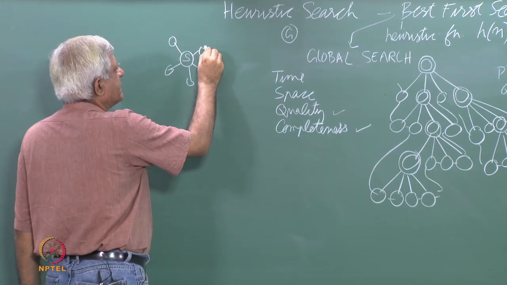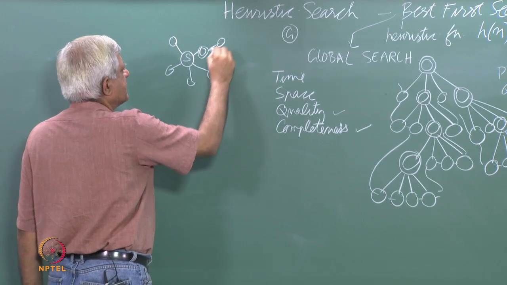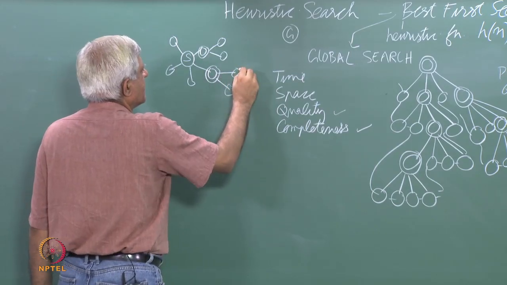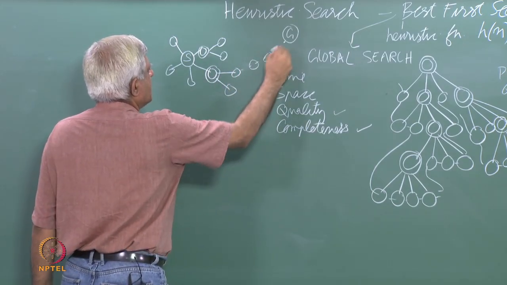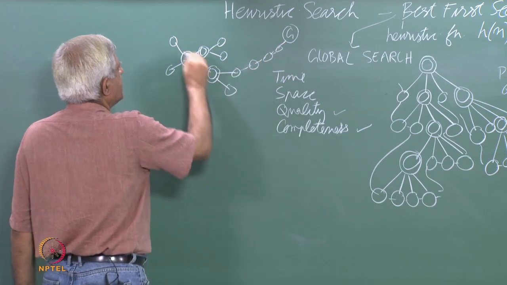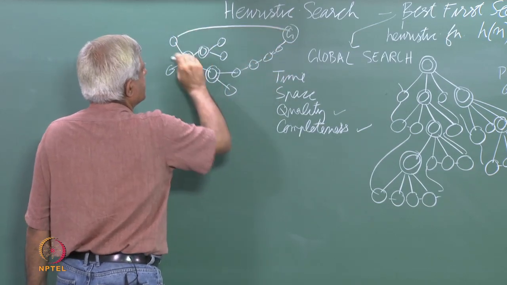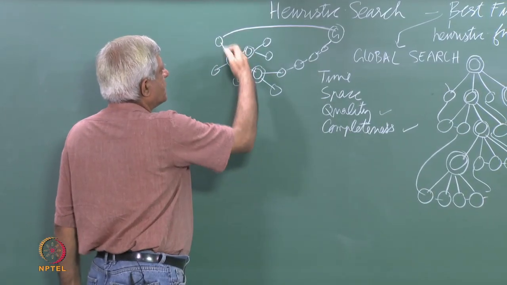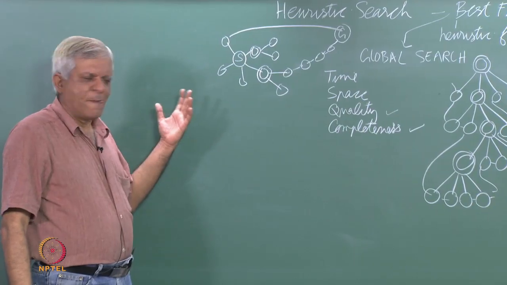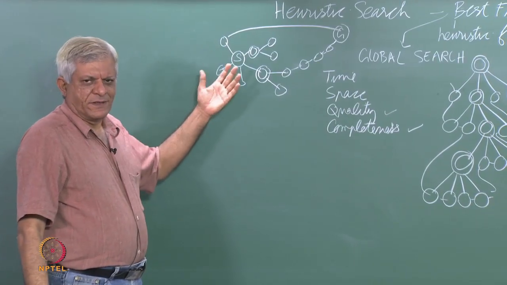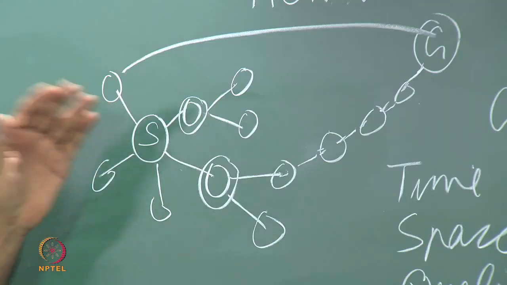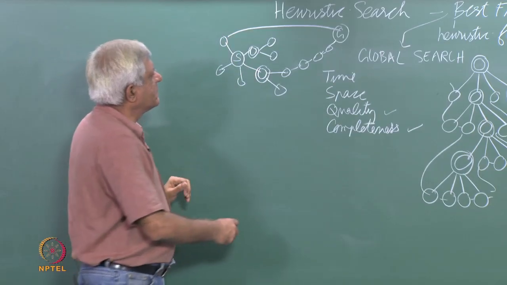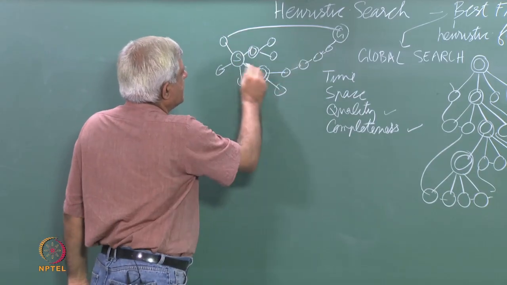Maybe it will expand this next, generate its successors, maybe it will expand this, generate its successors and so on. So, it will find some path to the goal with some number of nodes, whereas it is possible that this one had a direct link to the goal, in which case it would not have found this path of length 2. And remember that we are not allocating any edge cost, we are simply counting how many states are there in the solution path. In this situation, it will not find the shortest path, which is this one.